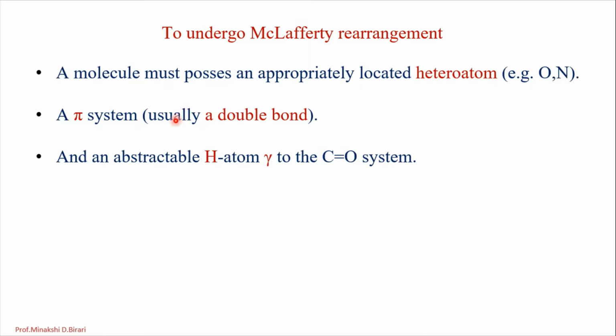The second condition is a pi system, that means it contains a double bond. And the third important condition is that it should have an abstractable hydrogen atom gamma to the carbonyl system. So a gamma hydrogen should be present to undergo McLafferty rearrangement.